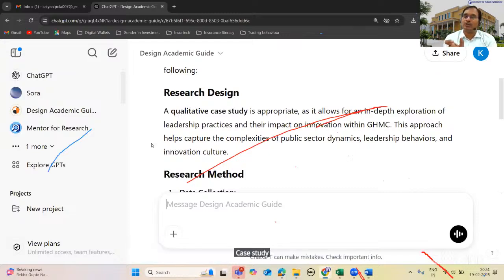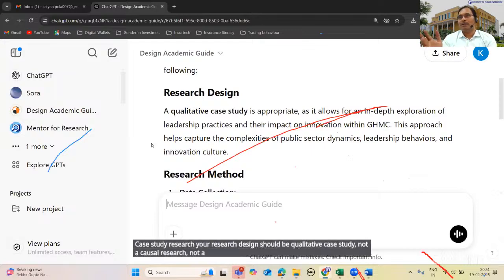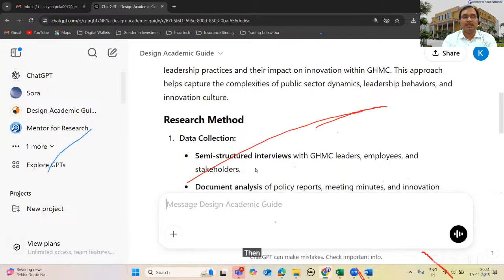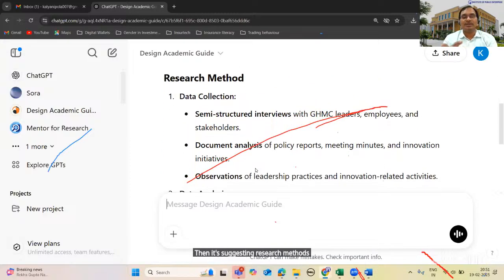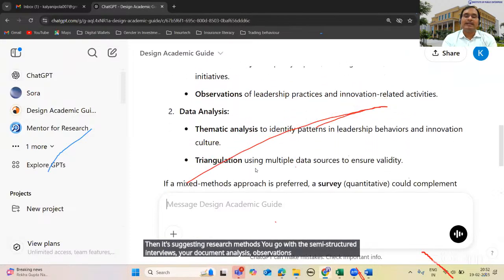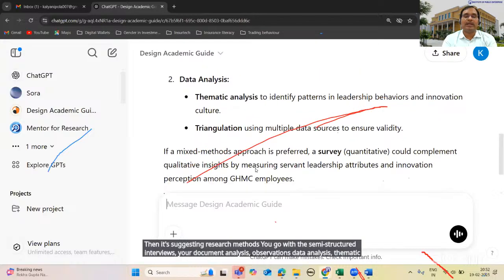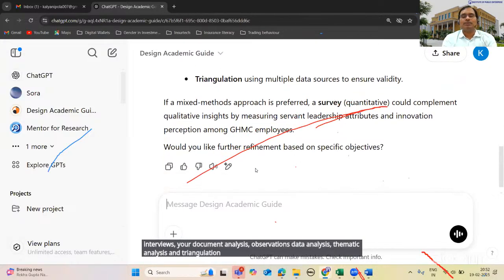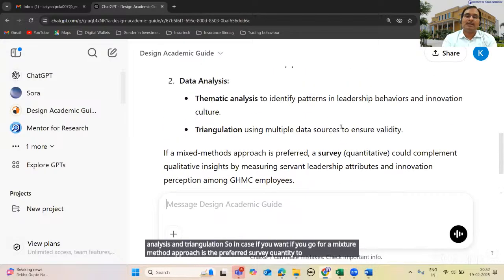Your research design should be a qualitative case study, not causal research, not quantitative research. Then it's suggesting research methods: semi-structured interviews, document analysis, observations, data analysis, thematic analysis, and triangulation. In case you go for a mixed method approach, the preferred survey is quantitative. Fine, this gave you that.